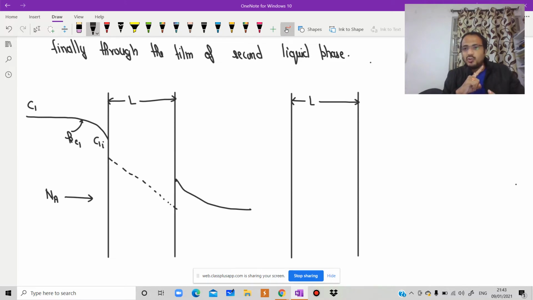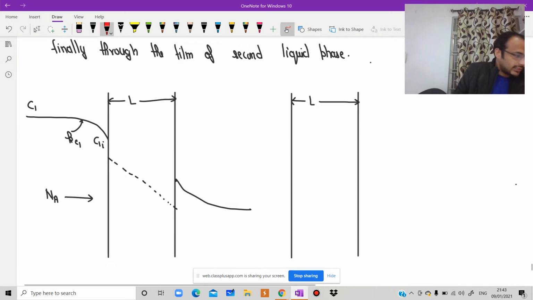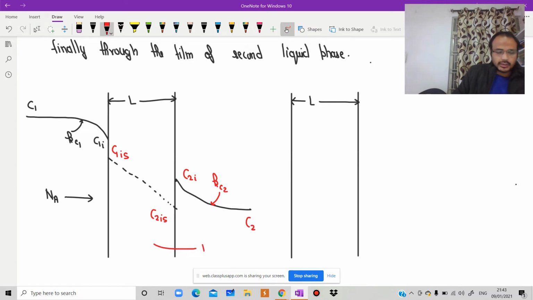So all those formulas are applicable here and are important for this section also. So it is C1s, C2s, C2i, C2, and it is KC2, and its diffusivity is DAB.